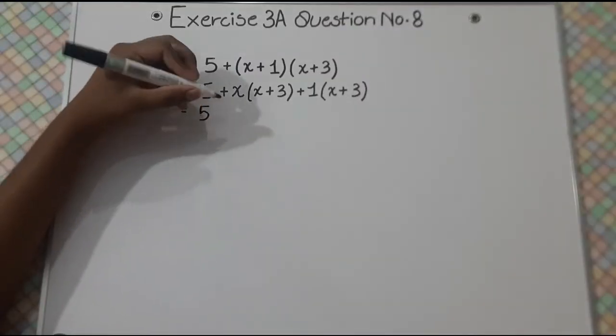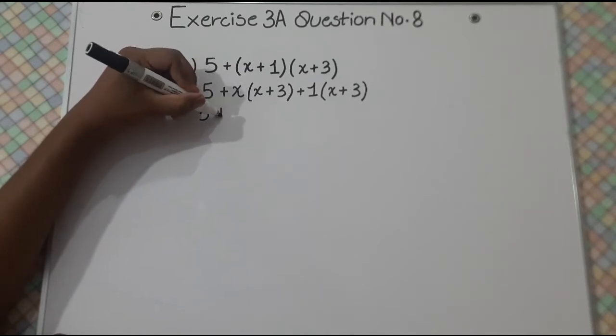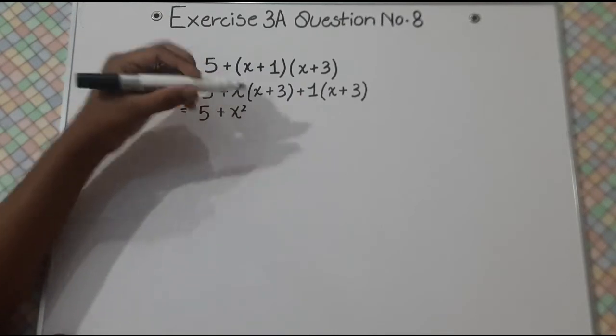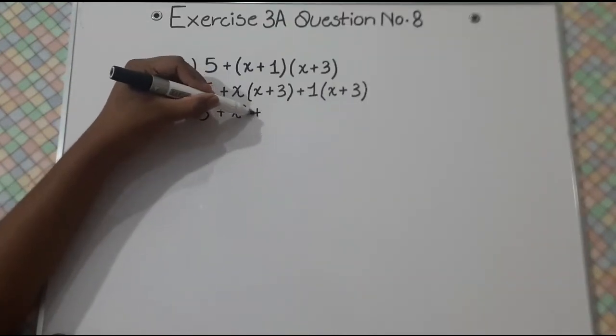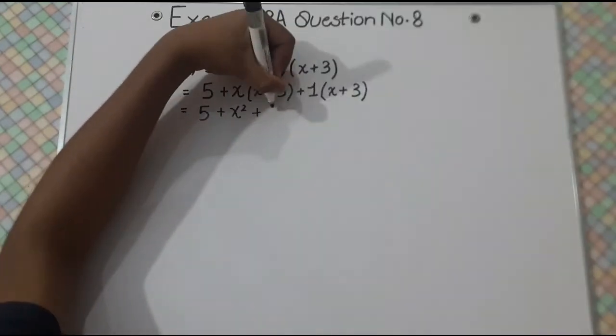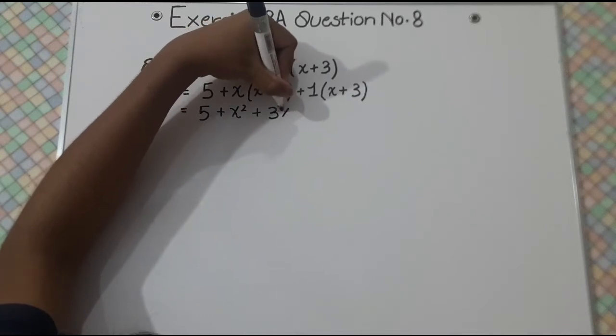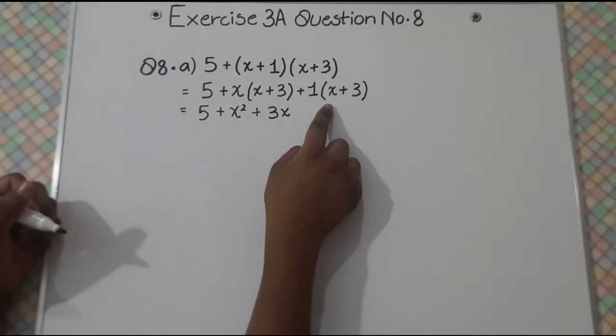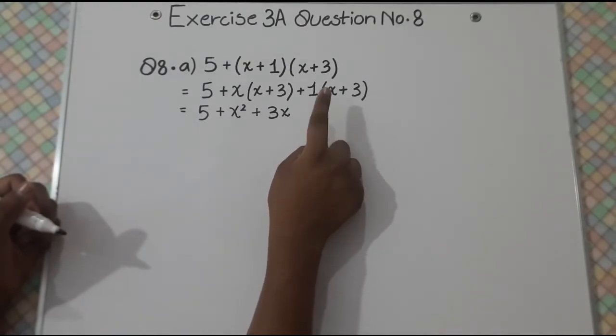5 plus x square plus 3x. Now we have plus 1 and x plus 3 again. We are going to multiply 1 with x and 3.